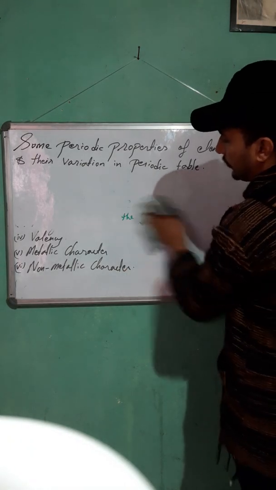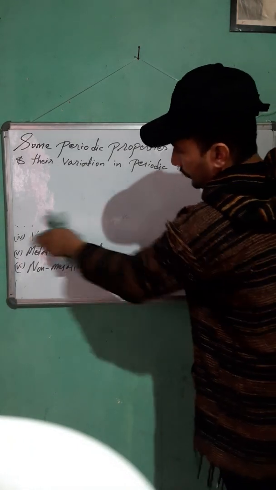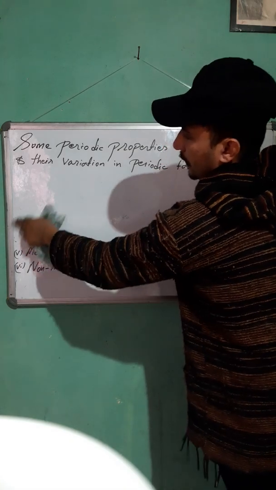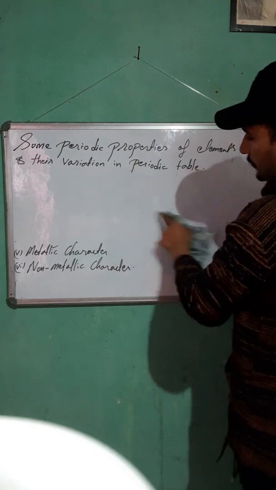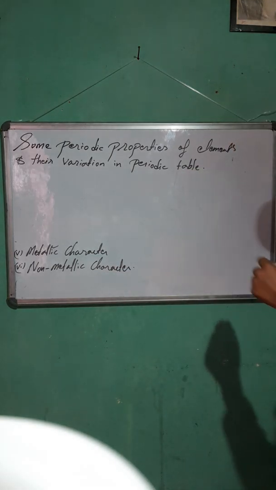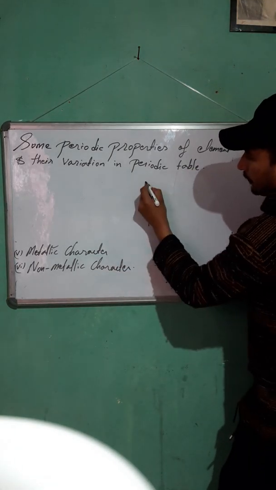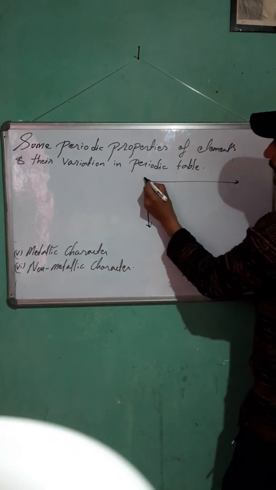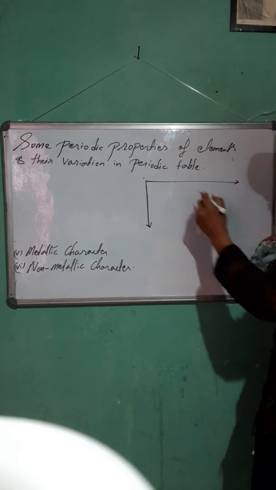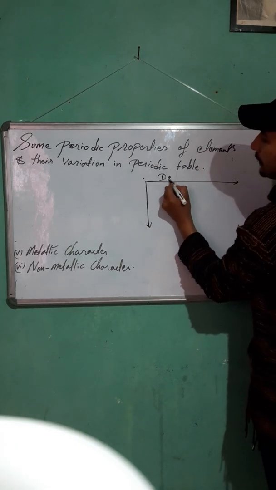Metallic character. When you move from left to right across a period, metallic character decreases.